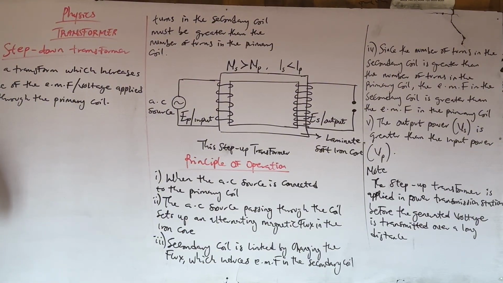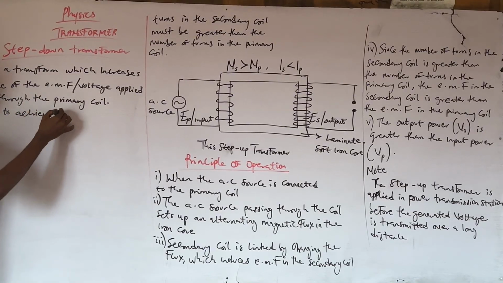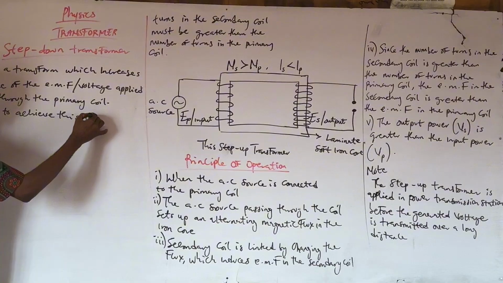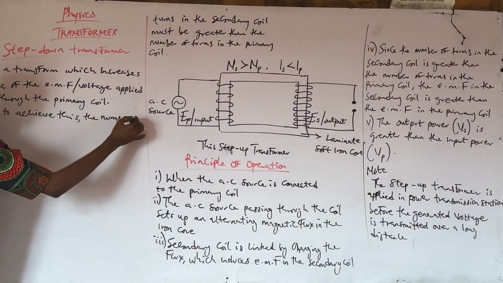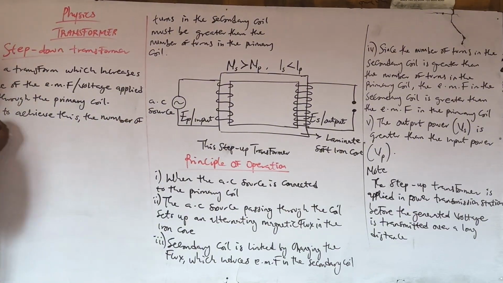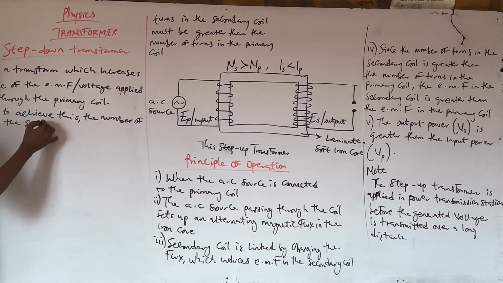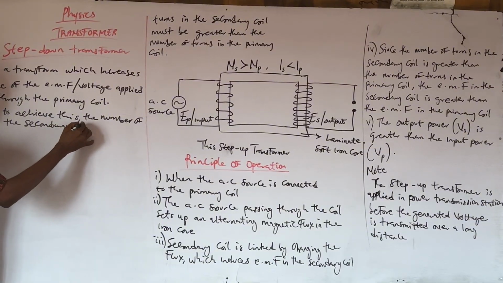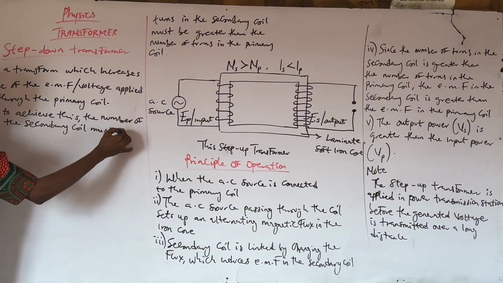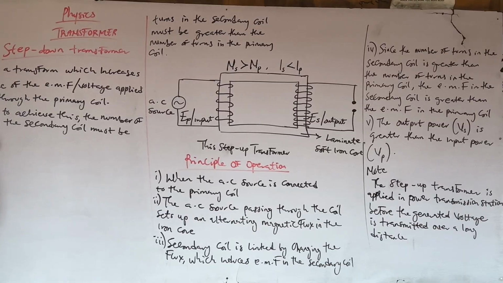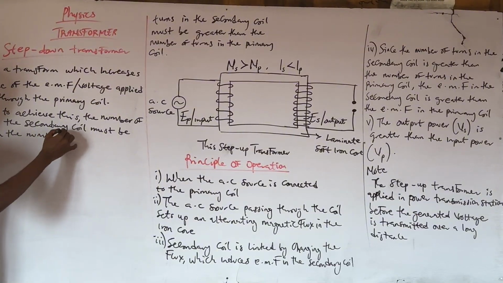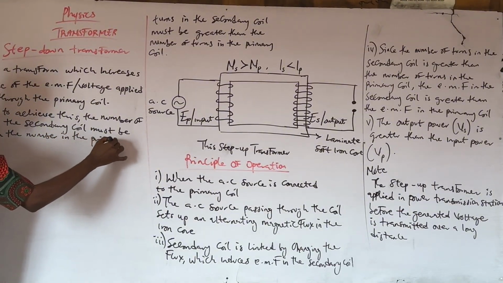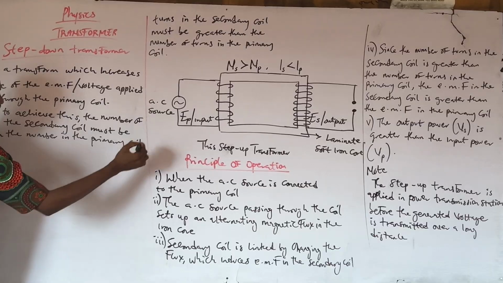Now, in order to achieve this, the number of turns in the secondary coil must be less than the number of turns in the primary coil. Full stop.